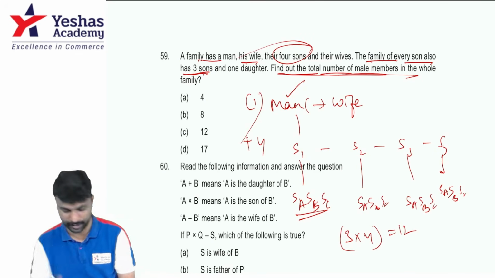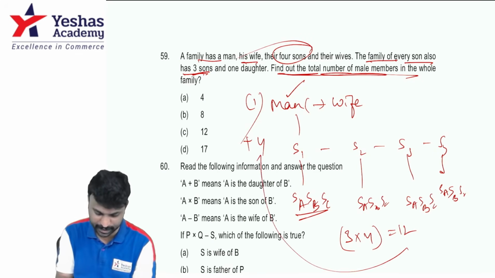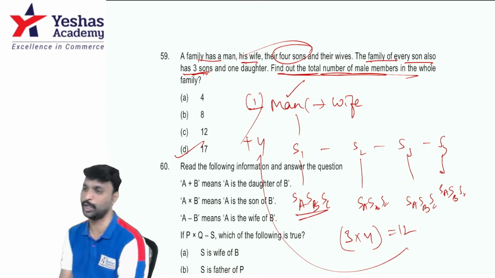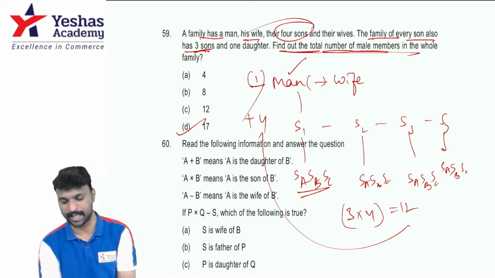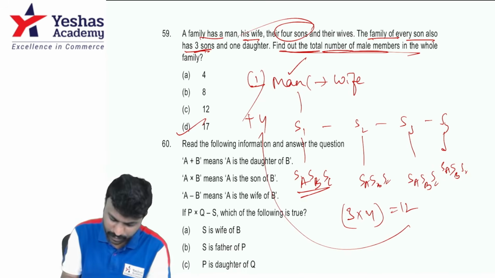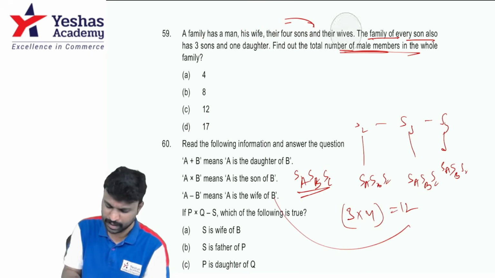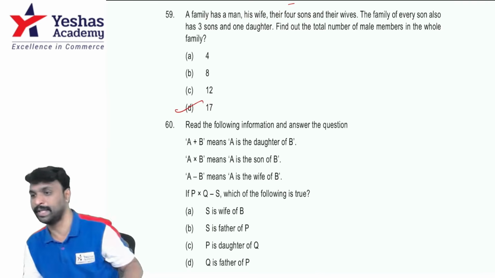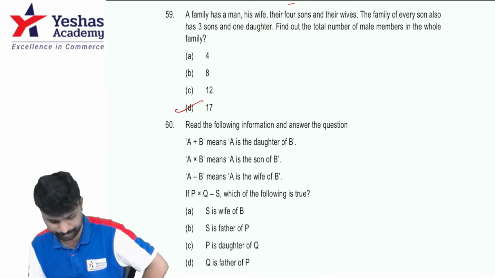That means 3 into 4 is 12. So 12 plus 4 is 16. 16 plus 1 is 17. So 17 male members are there. It's not the total number of people. Have you understood? I have taken only male members, since I'm asked to find the total number of male members in the family. Have you all understood?